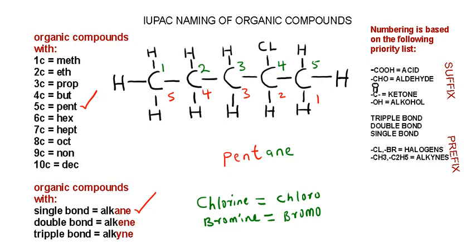All these are called halogens. So since we have chlorine here, we are going to call it chloro. And since it is attached to carbon number 2, it's going to be 2-chloro. Then writing it with the pentane is now going to be 2-chloropentane.